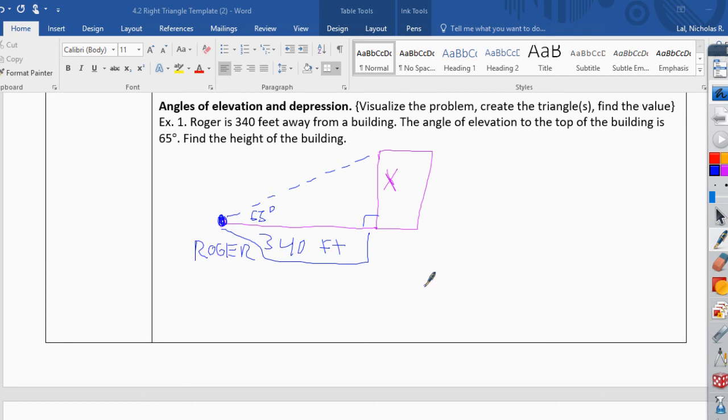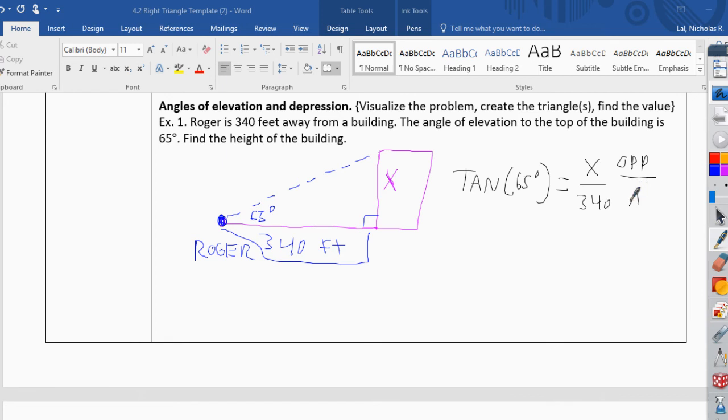Because tangent, all right. So the tangent of what angle? The tangent of 65 degrees is the opposite over the adjacent. So what is the opposite side of 65? X. X over 340.